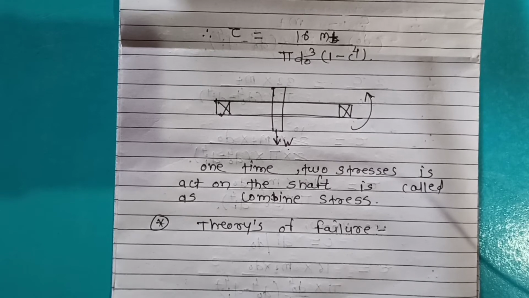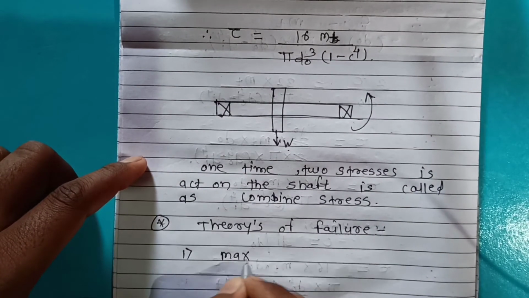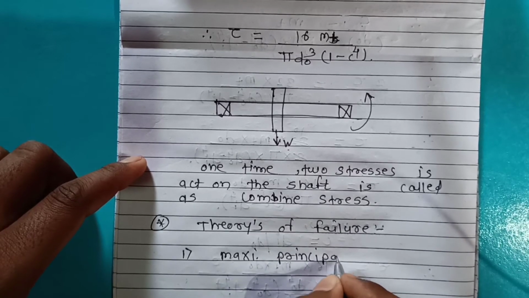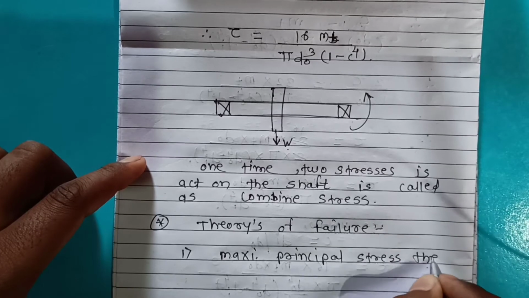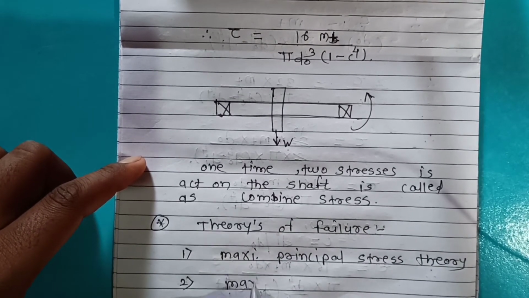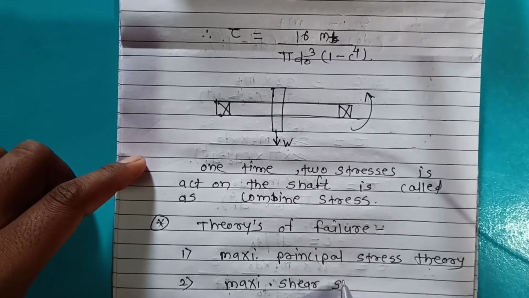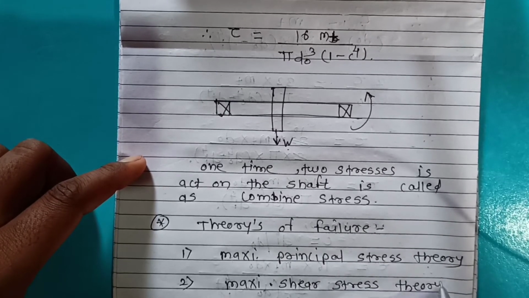In the hollow shaft we will also take two theories of failure: first the maximum principal stress theory, and second the maximum shear stress theory.